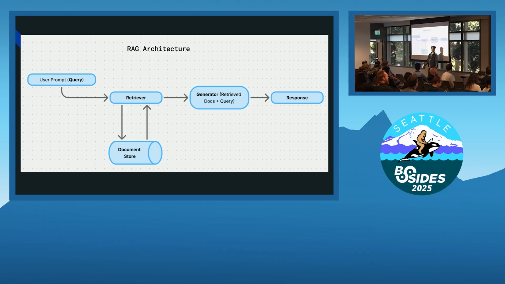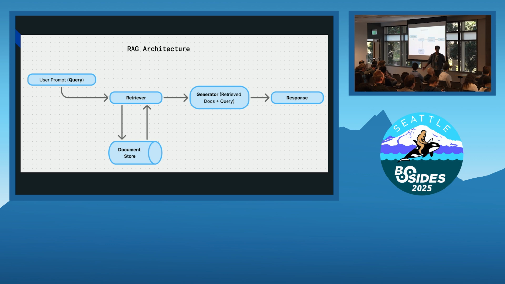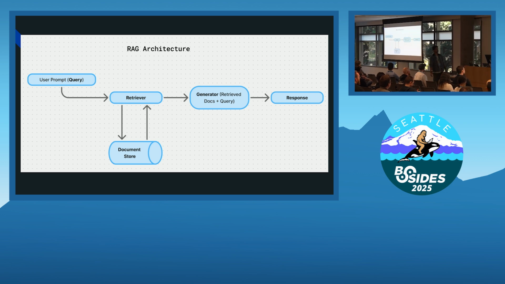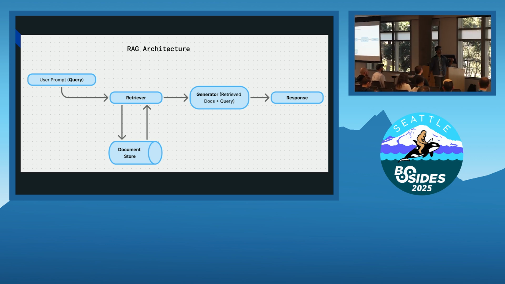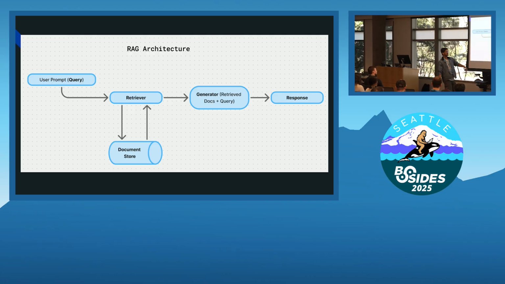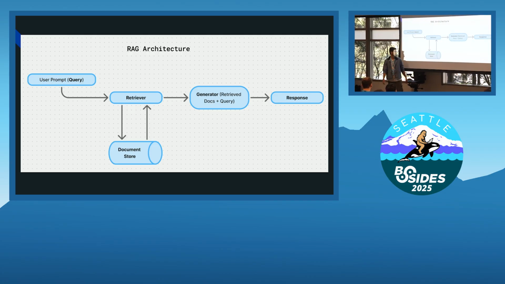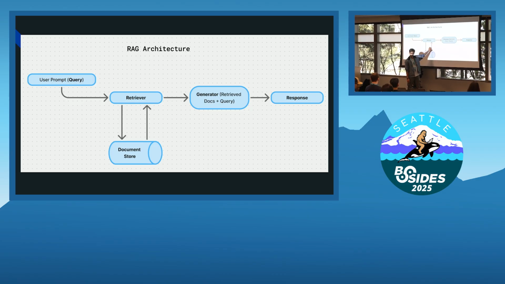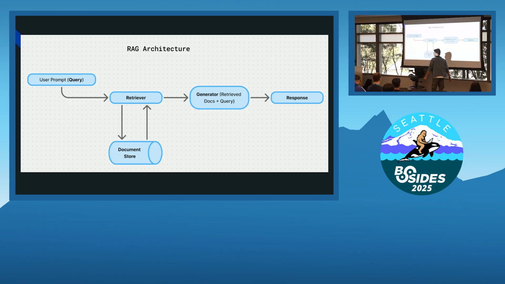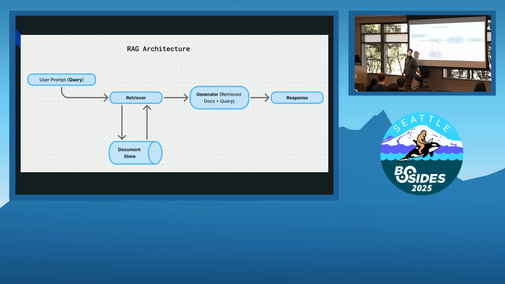So for our recipe example, we might have a bunch of documents for recipes, right? The document store is like a DB, a temporary DB or a permanent DB based on the client's requirements. The document store is processed by the retriever, and the retriever extracts what kind of best results are good for the prompt, like our pizza example.